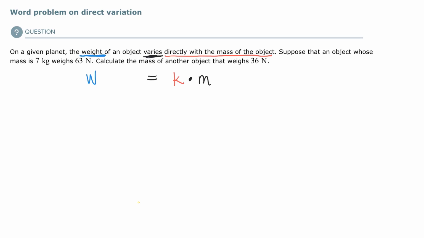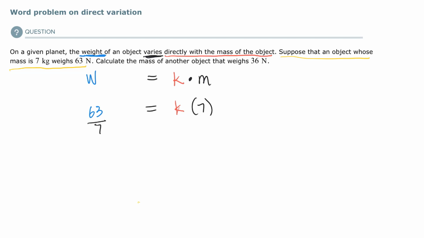Suppose that an object whose mass is 7 kilograms weighs 63 newtons. So what is that next piece of information? It tells us what we could do to find K. So we're going to substitute now: 63 newtons is equal to K times 7 kilograms. Not a total surprise, K is 9.